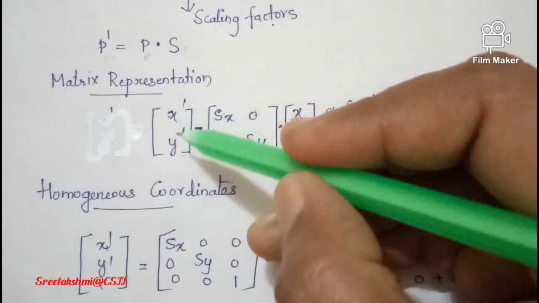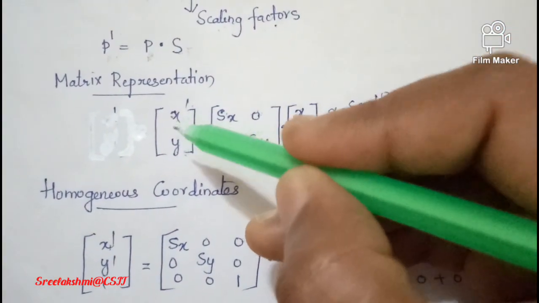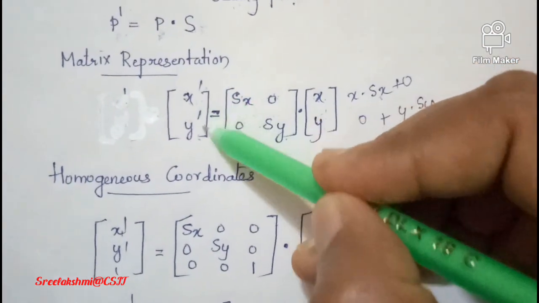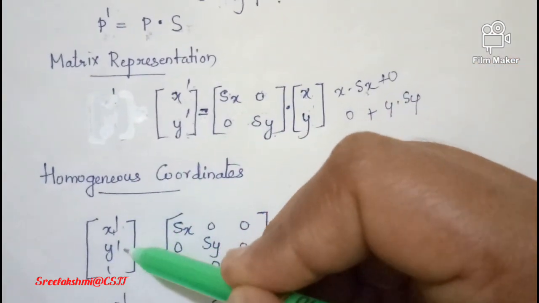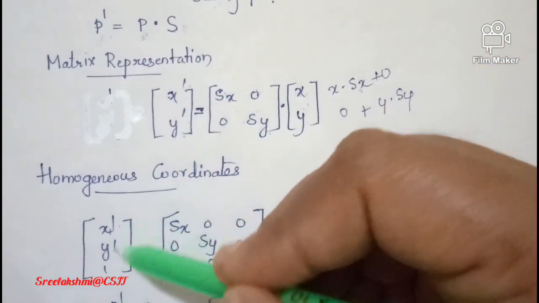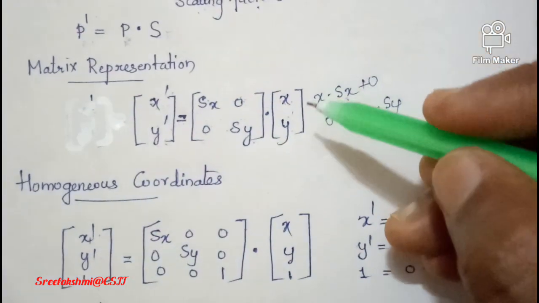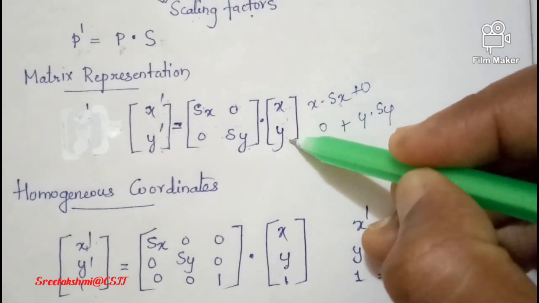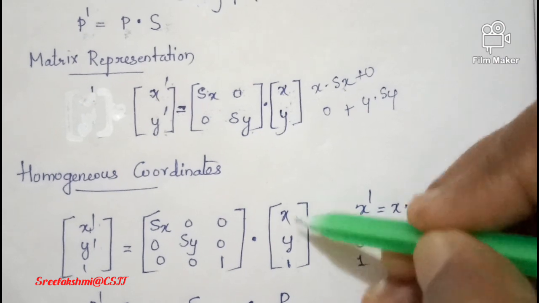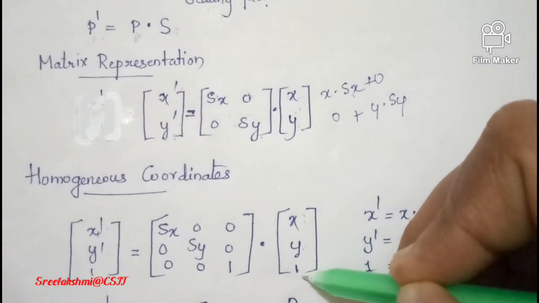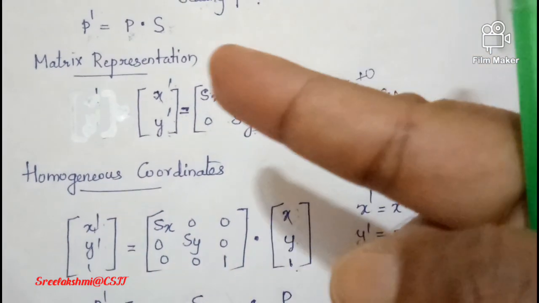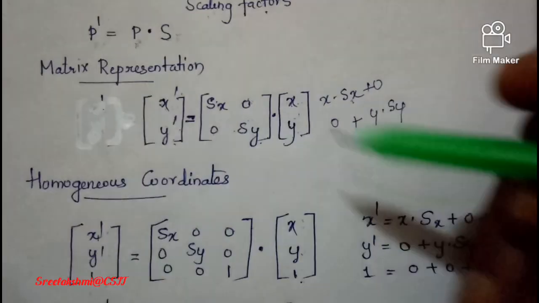Let us check how these 2 coordinates can be represented using 3 coordinates. So x dash, y dash will become x dash, y dash, 1. Here we have only 2 coordinates and it is now represented using 3 coordinates. Now comes x, y. Again the 2 coordinate system is represented using 3 coordinates, x, y, 1, so that the third coordinate is a constant value, which is 1.